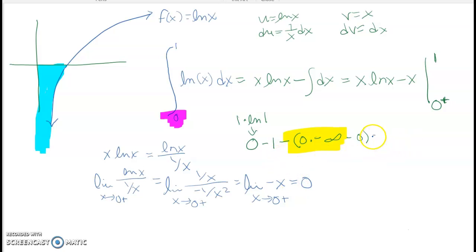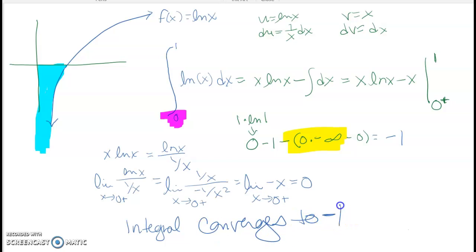So what we have here is we've got negative 1, negative 1. So that integral converges to negative 1. That means this region is like negative 1. I don't know. I think it's kind of cool. Let's try another one.